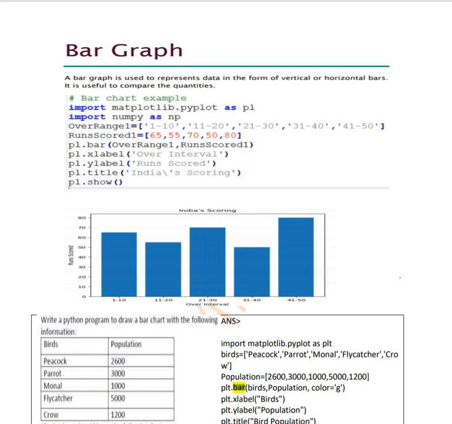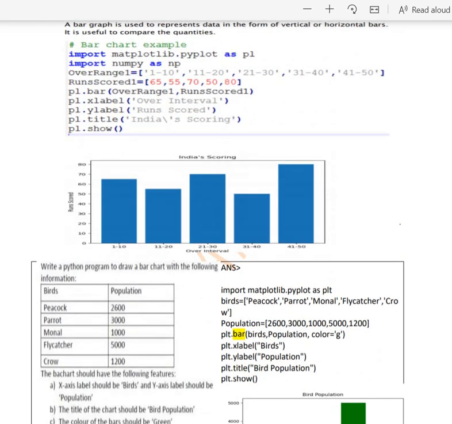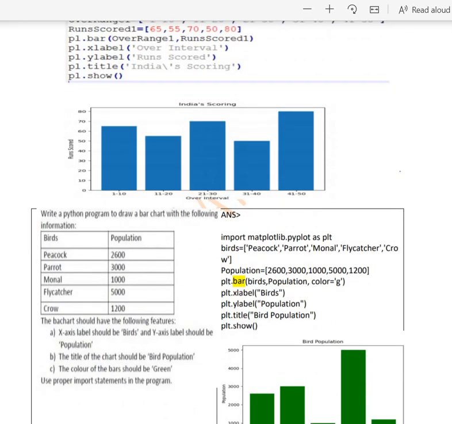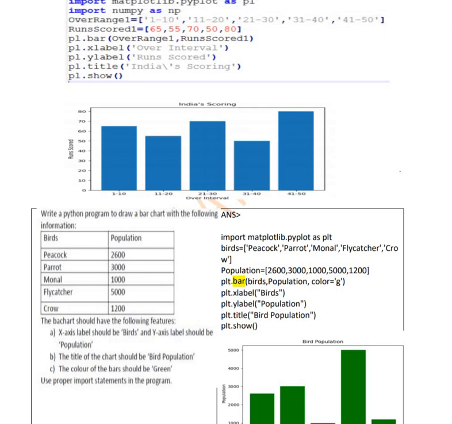So in this main line plt.bar, we are passing two parameters, but I think the question is still not complete because a point is saying for making this chart you will use xlabel as birds, ylabel as population, title of the chart should be birds population, and the color of the bar should be green. That means we need to customize more things, and you will have to specify the import statement as well.